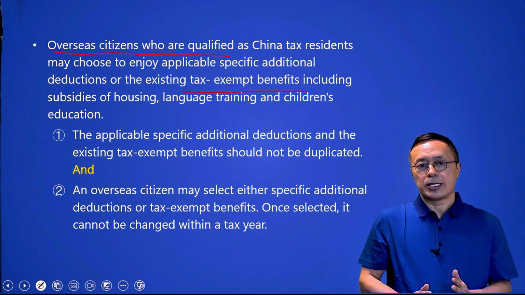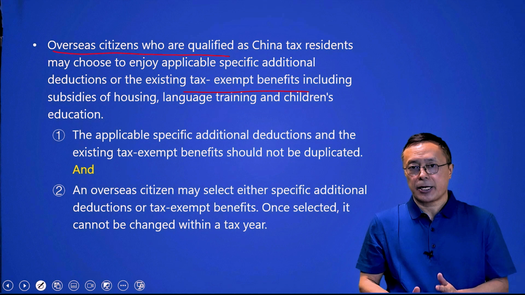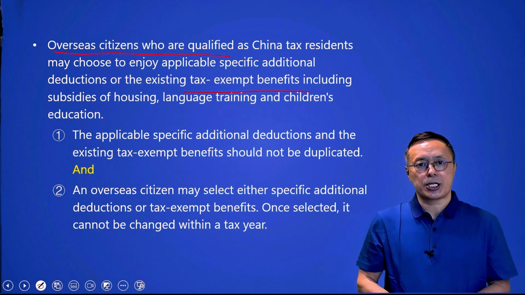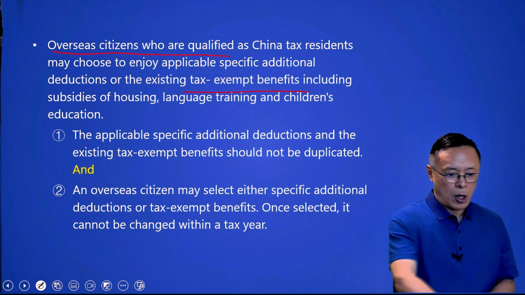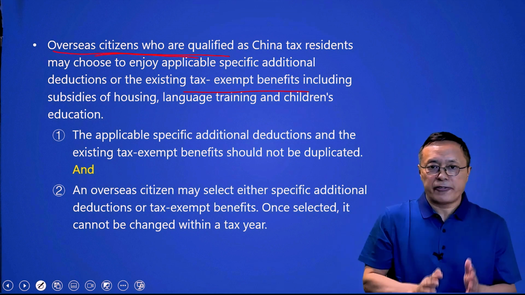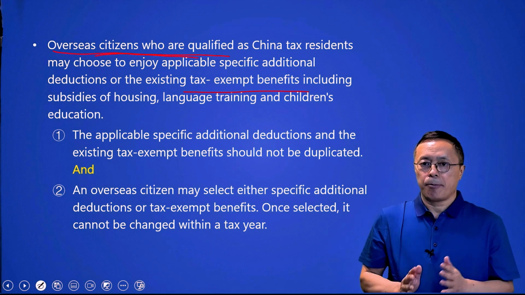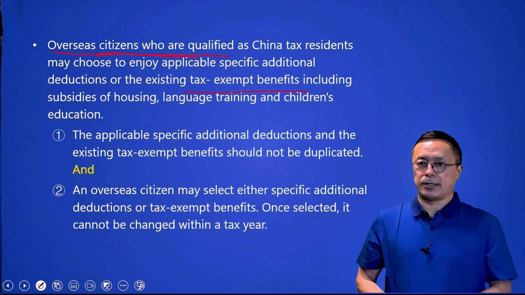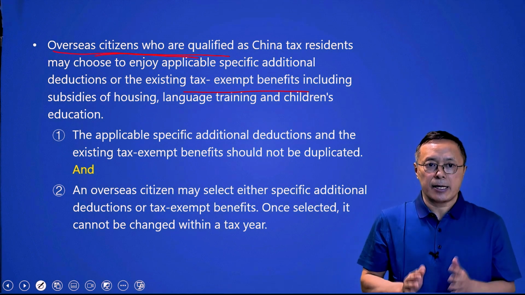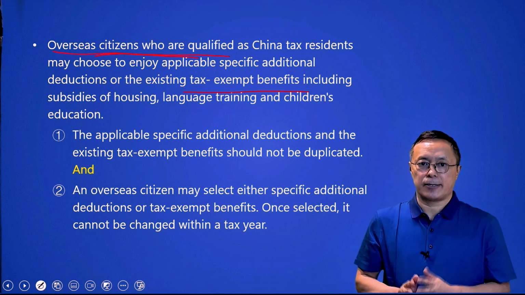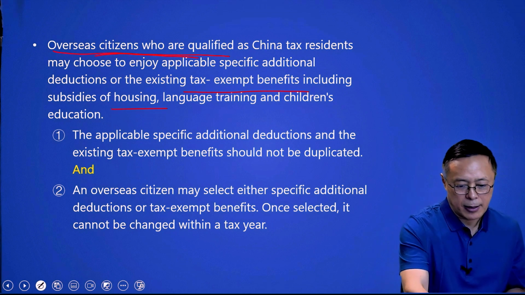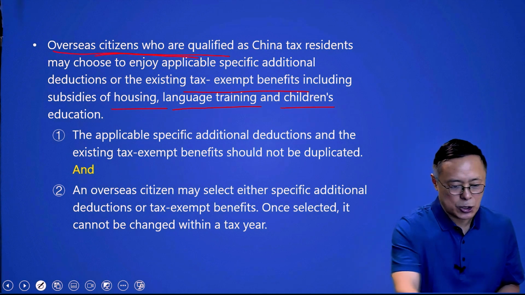As a foreigner residing in China, you may ask, can I enjoy the 6 specific additional allowable deductions of individual income tax? Here is the answer. Overseas citizens who are qualified as China tax residents may choose to enjoy applicable specific additional deductions or the existing tax-exempt benefits, including subsidies of housing, language training, and children's education.